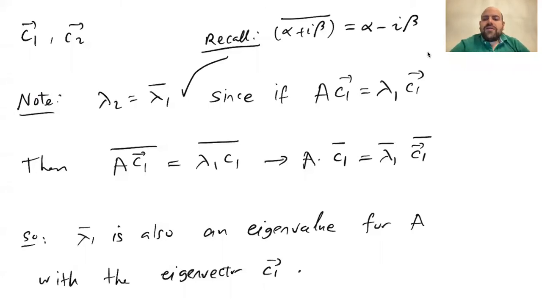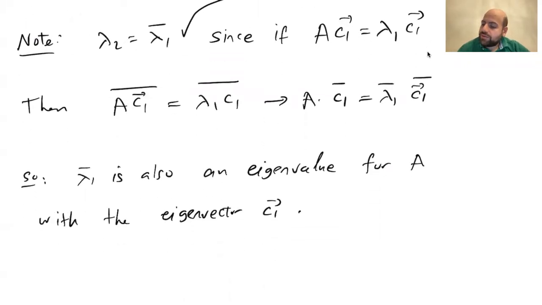So if we have access to one of the eigenvalues and eigenvectors, then the other eigenvalue will be the complex conjugate of the first eigenvalue, and the other eigenvector will be the complex conjugate of the first eigenvector.